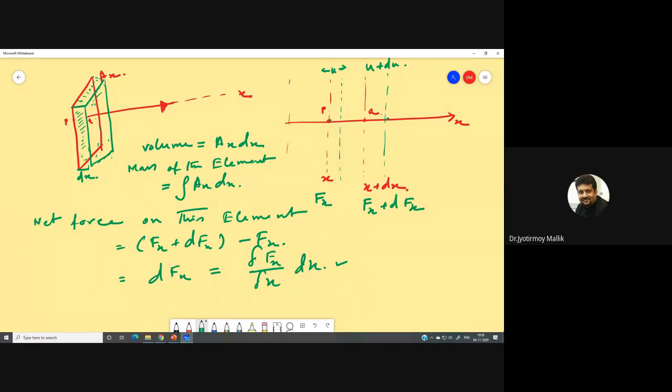Now, let me just write down these two terms here. So mass m is equal to rho Ax dx, that is another thing, and the net force, let's write that as NF, net force is equal to delta Fx by delta x times dx, and then I can erase this part.